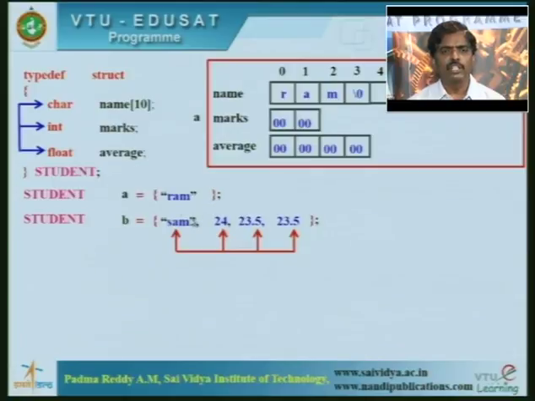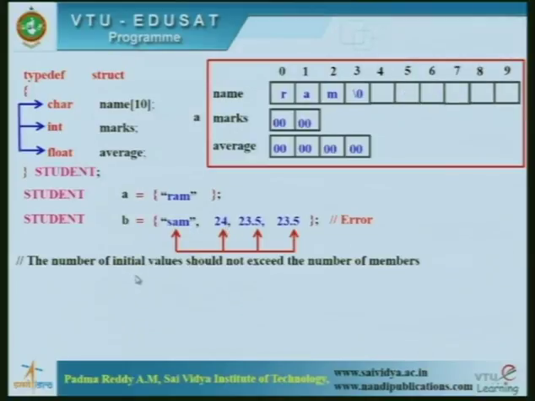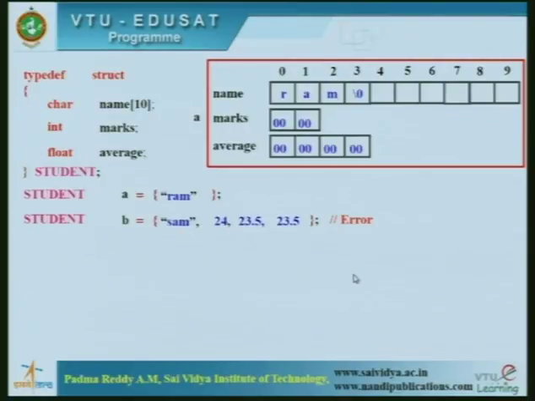So, definitely the compiler will give an error. The number of initial values must be equal to the number of data members, or it may be less, but it cannot be more than the number of members. The number of initial values should not exceed the number of members.